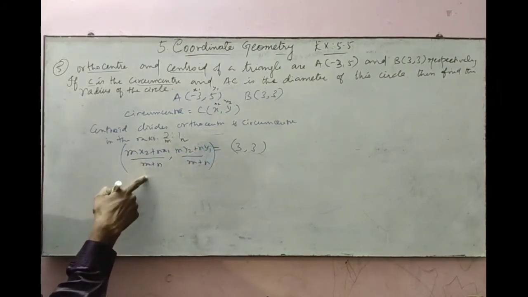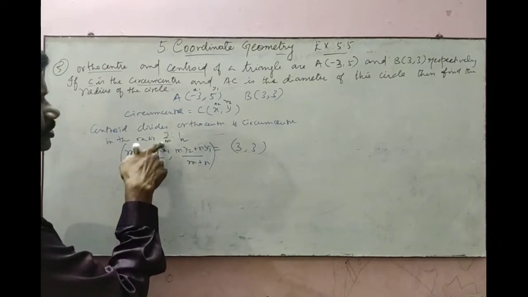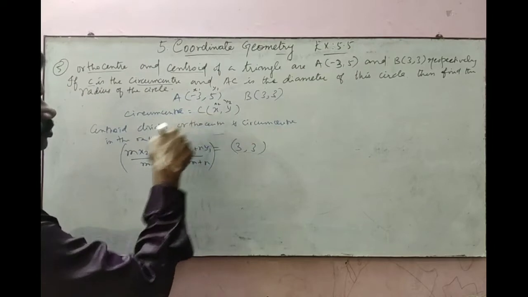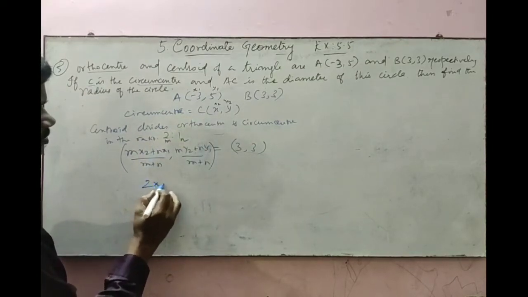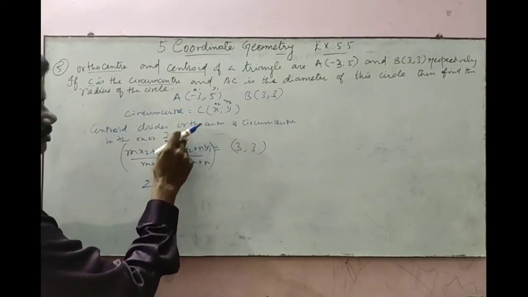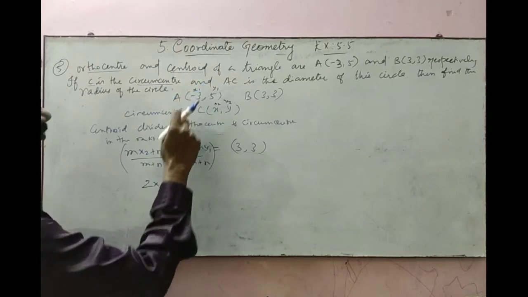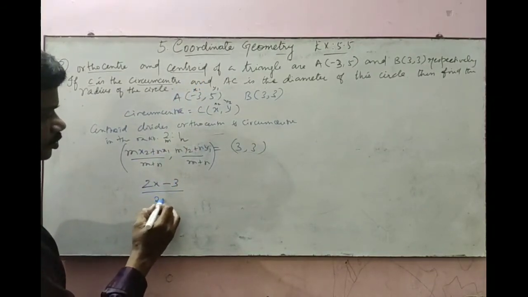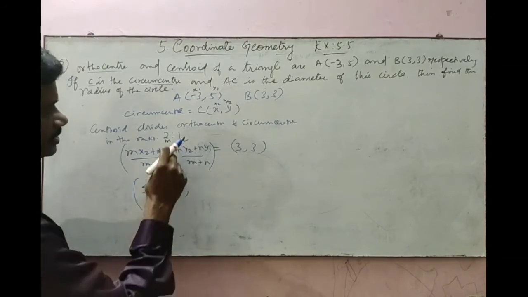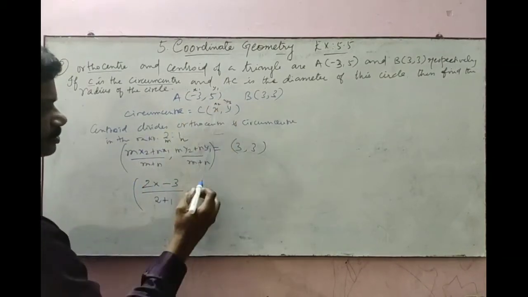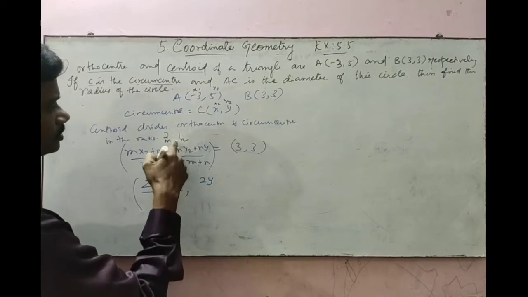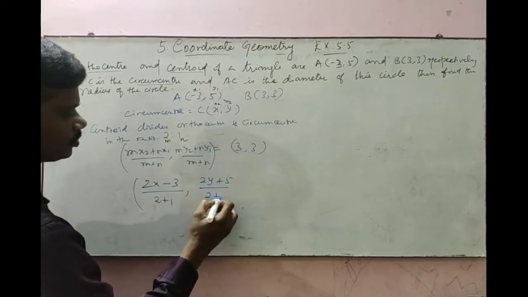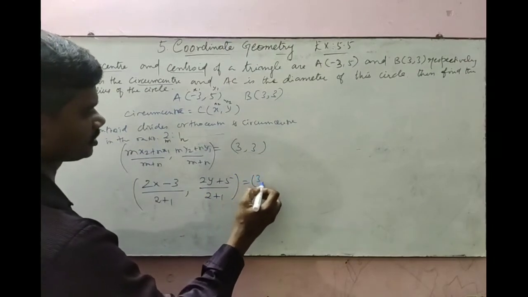So using the section formula, m into x2, 2 into x plus 1 into minus 3. 1 into minus 3 gives minus 3 by 2 plus 1. Like that, m into y, that is 2 into y, 1 into 5, that is 5 by 2 plus 1, which is equal to 3 comma 3.